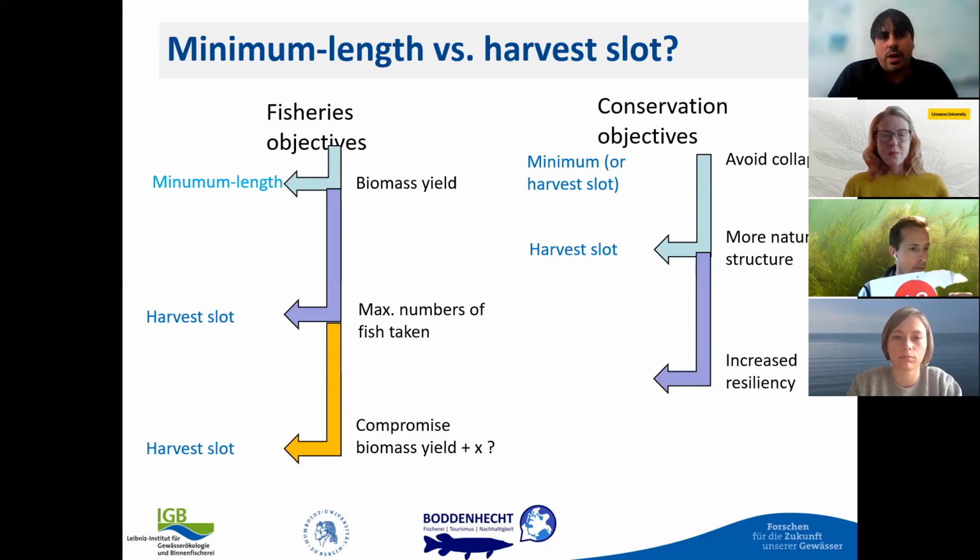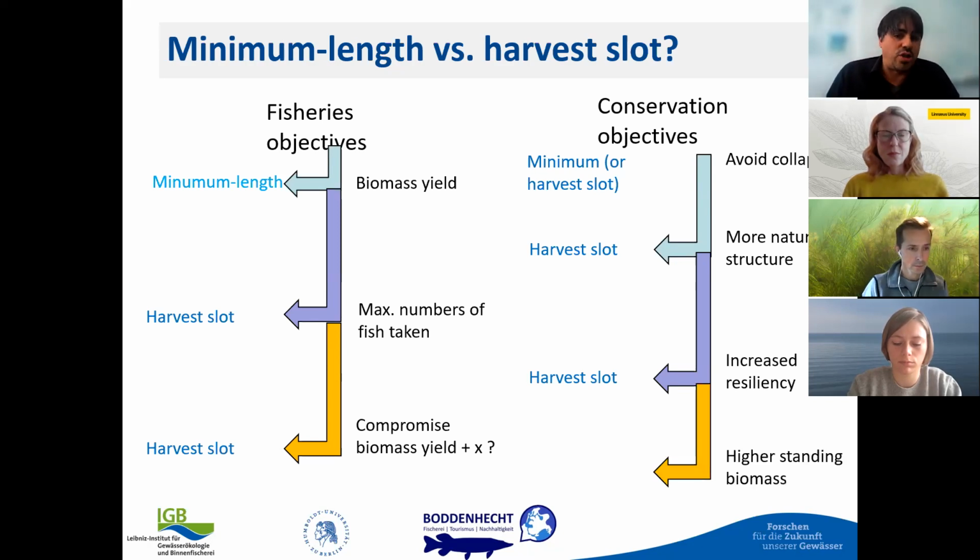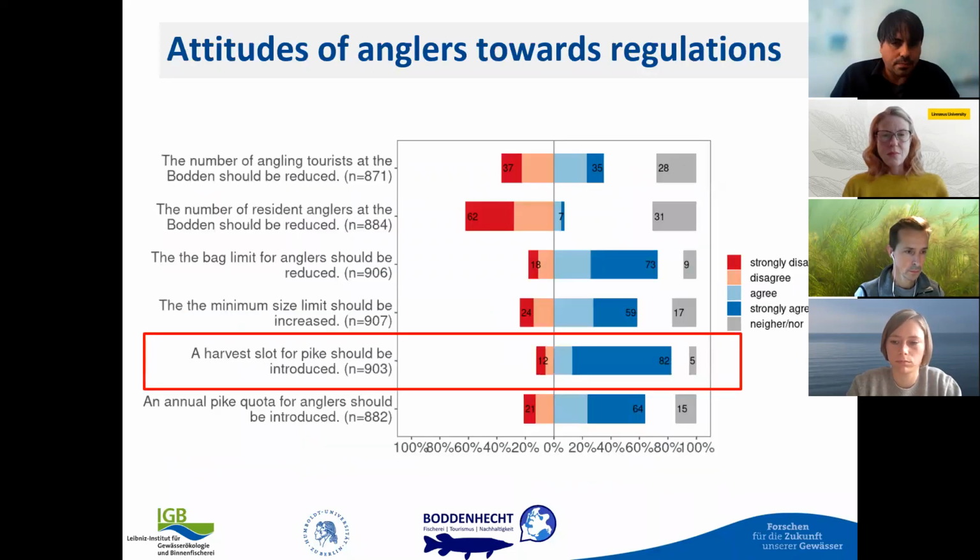And perhaps we have not accounted for all mechanisms in our study. And if you want to have increased resiliency and a precautionary approach, perhaps a harvest slot is a better situation. If you want to achieve higher standing biomass, again, a harvest slot simply protects more as long as the fish are able to grow through, which depends on the local fishing pressure, of course.